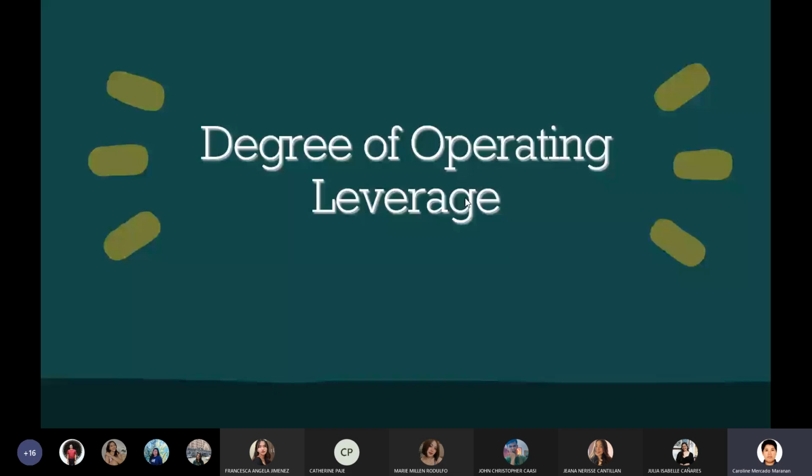So, what is a degree of operating leverage? Dito sa topic na to, you are going to compute the degree of operating leverage at a particular level of sales. So, ibig sabihin, kunyari, at 8,000 units, ano yung degree of operating leverage?